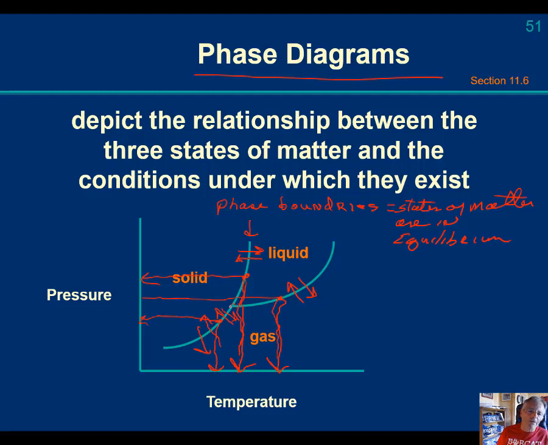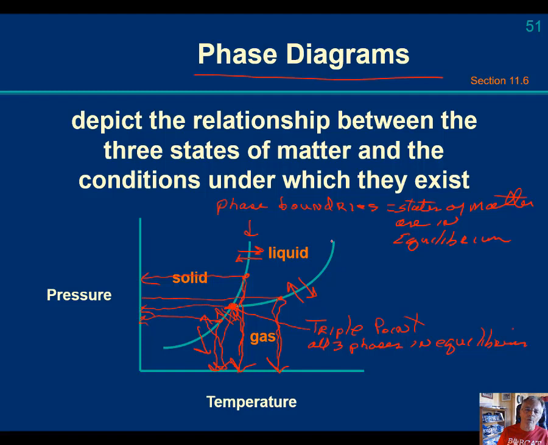Let's talk about this point right here. I'm betting by now you can figure out what is occurring at what we call the triple point. At the triple point, you have all three phases in equilibrium. Okay, so all three phases are in equilibrium at this particular combination of pressure and temperature.